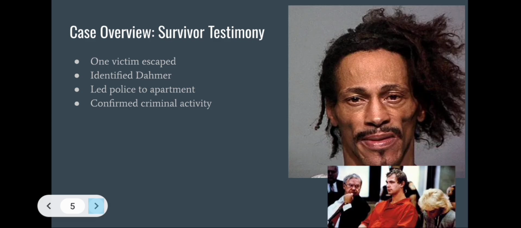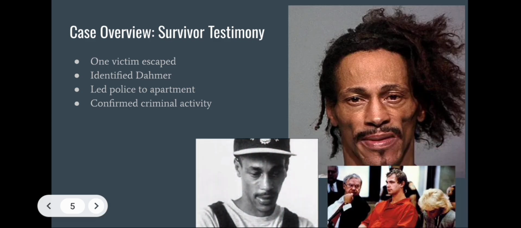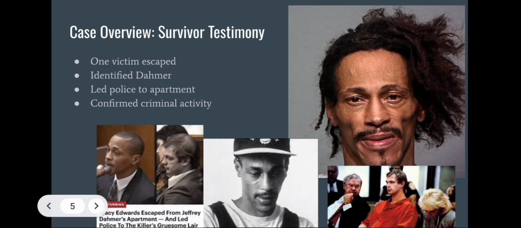He flagged down police, intending to remove the handcuff and nothing else, but ended up leading them back to the apartment where the police discovered the grisly evidence of Dahmer's murders, resulting in his immediate arrest. This testimony given by the victim directly connected Dahmer to all of the crimes.